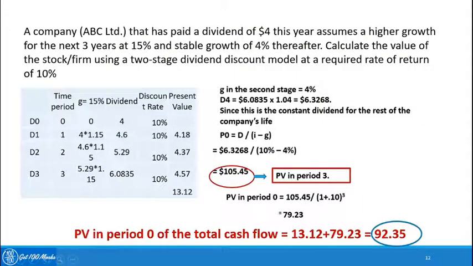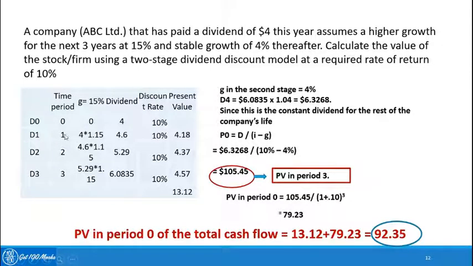There is a company called ABC that has paid a dividend of $4 this year. This year means year 0. Please keep looking at the solution simultaneously for you to relate well to the question. If you look at the table here, D0 is 4 and it assumes a higher growth for the next 3 years at 15%.